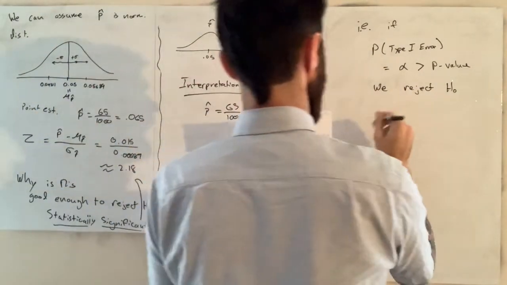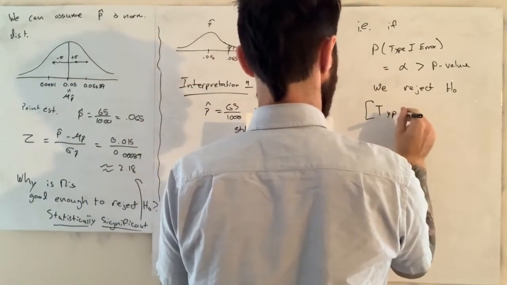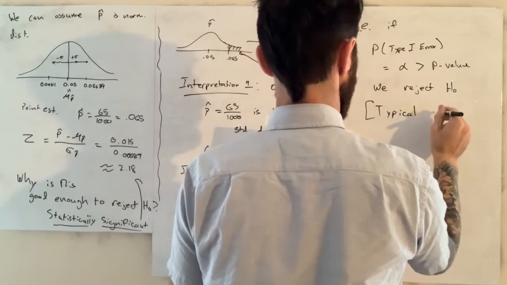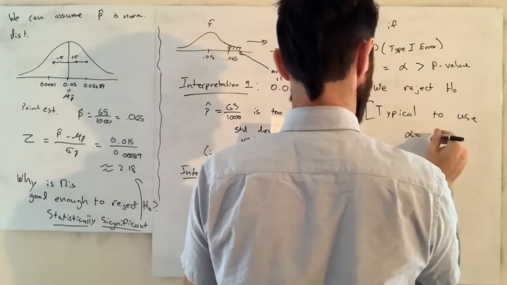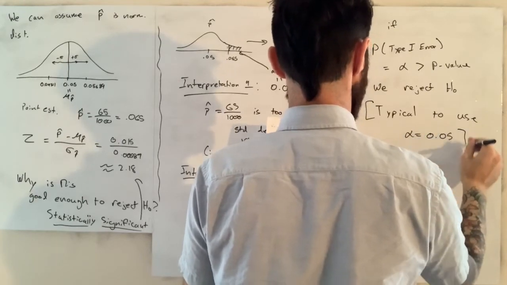And so it's typical to use alpha equals 0.05.